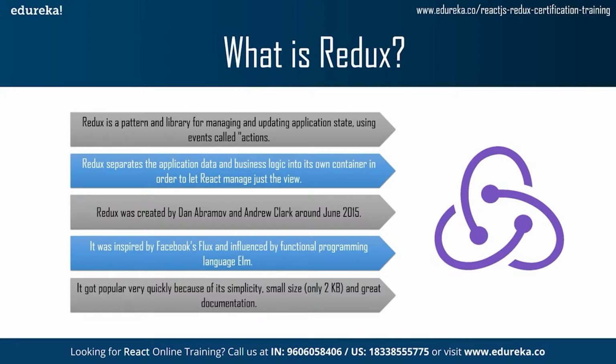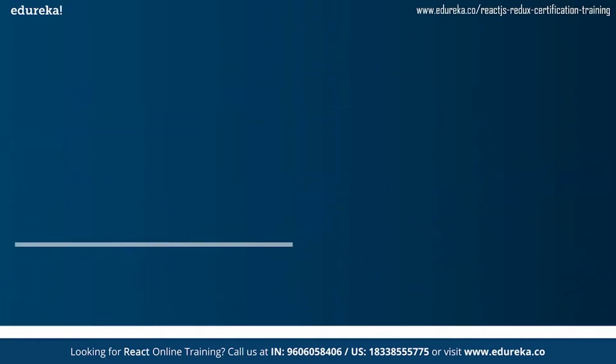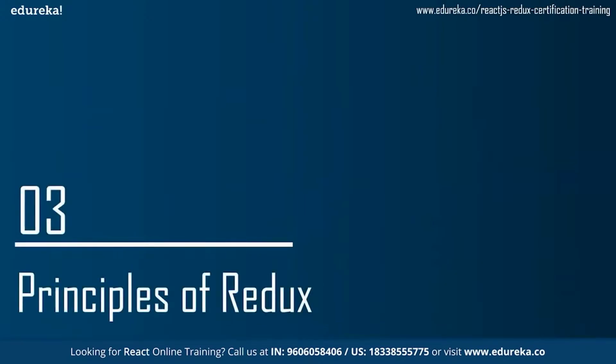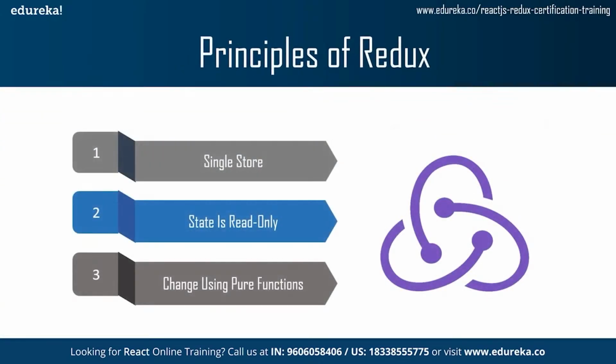Redux guides you towards writing code that is predictable and testable, which helps to give you confidence that your application will work as expected. Now, let's look at the principles of Redux. Redux follows 3 fundamental principles, where the first one is single store, or we can say single source of truth.